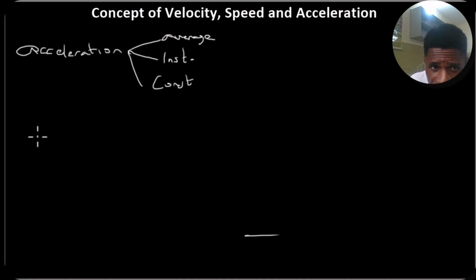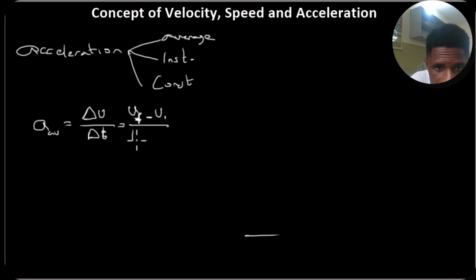Now for the first one, average acceleration, we denote it symbolically as a with AV as a subscript. And if we were to write the mathematical expression, we'll simply say delta V over delta T. If we expand this, of course, this would be final velocity minus initial velocity divided by final time minus initial time.